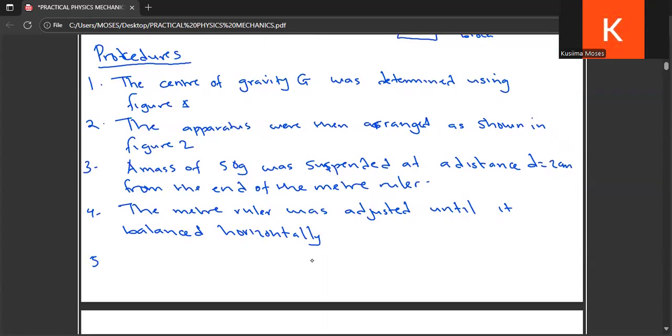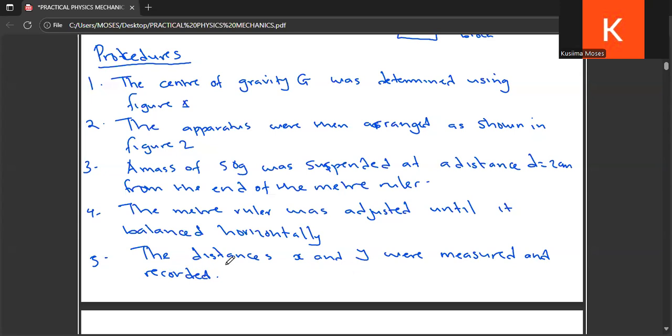And then our procedure 5: the distances X and Y were measured and recorded.